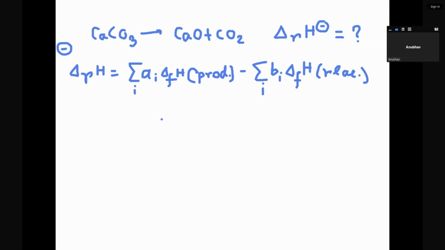So that is the common equation to calculate delta rH of a reaction.